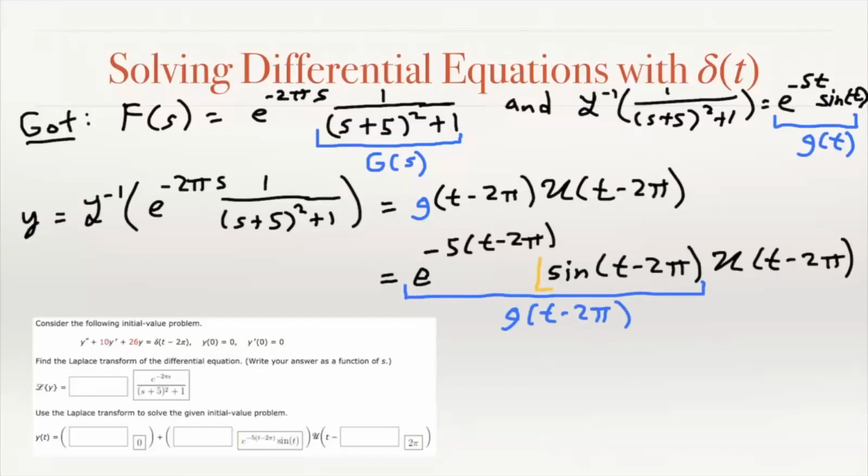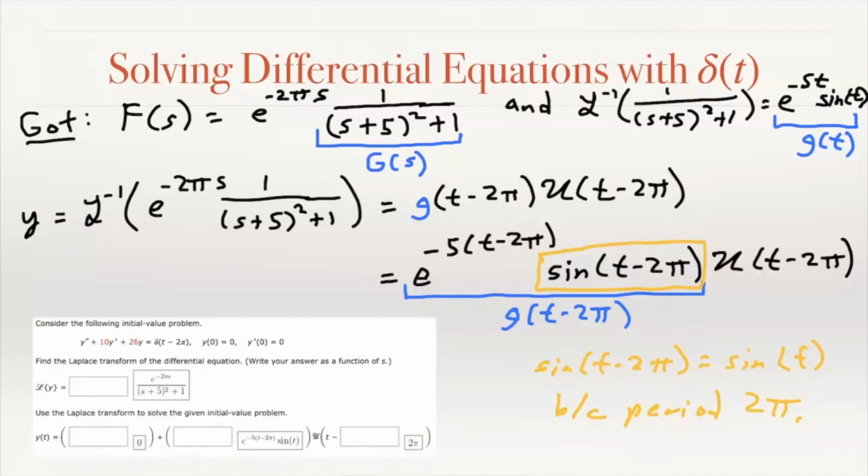Okay, and this is completely correct. However, we can note that sine of (t minus 2 pi) is equal to sine of t because it has period 2 pi. So we could just replace that with sine of t. And that's what their answer does, although it wouldn't mark you wrong if you left the 2 pi in there. The only reason I put this here is that the way it has you input answers, it will have blank plus blank u of blank.